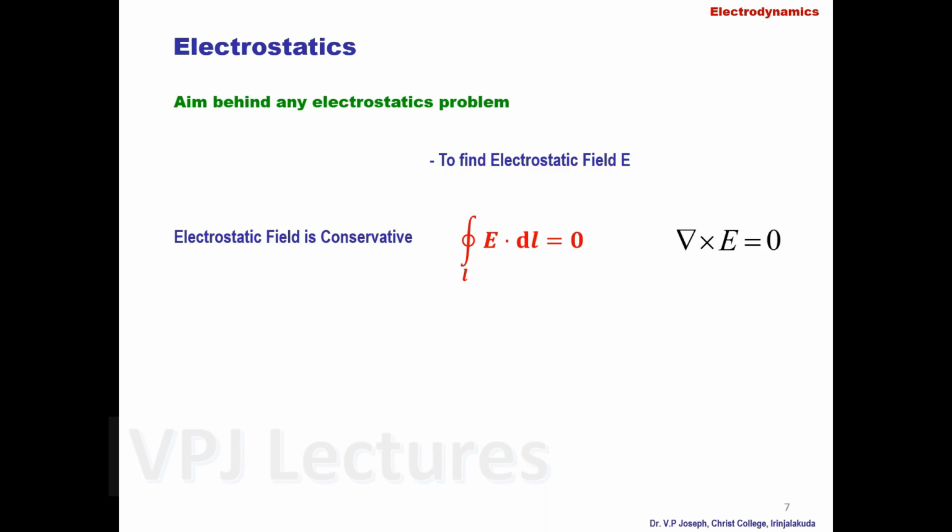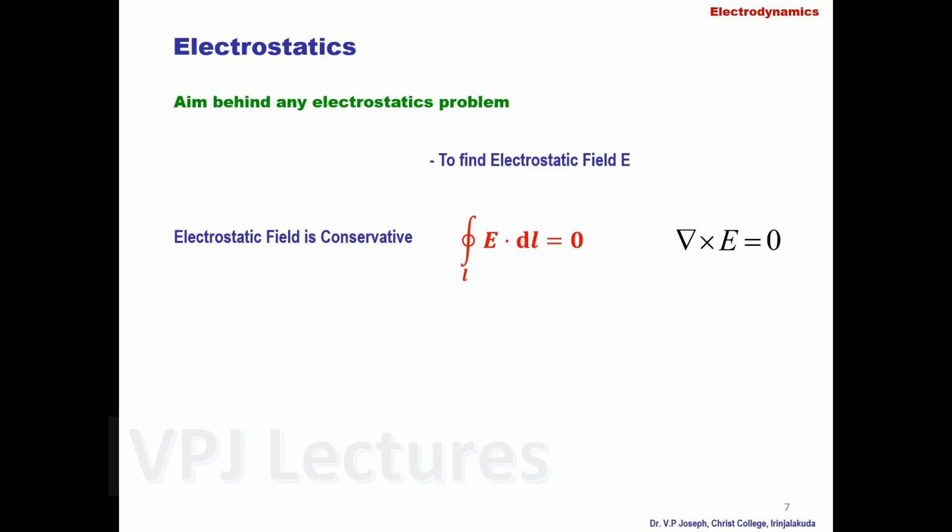It is conservative. That means if we move a mass around a closed path, the work done is equal to 0. Similarly, the electrostatic field E is conservative, meaning if we move a charge around a closed path, the work done is equal to 0. That is related to the energy, the work associated with that particular movement is equal to 0.